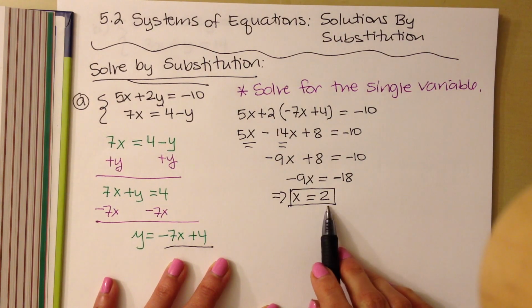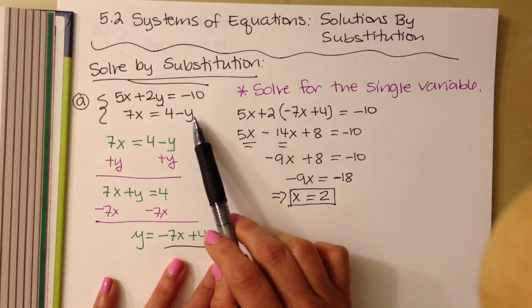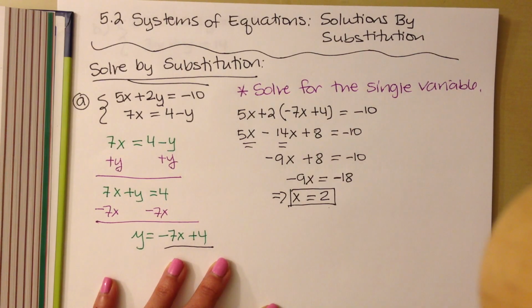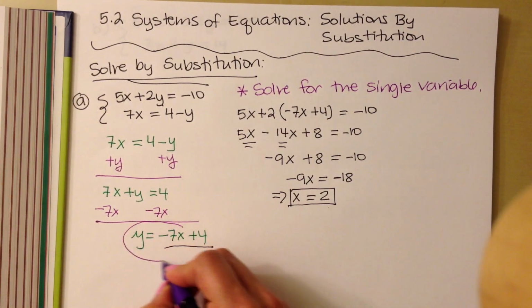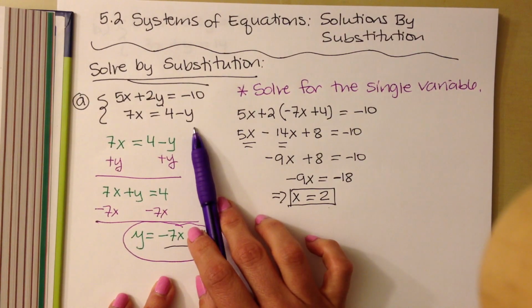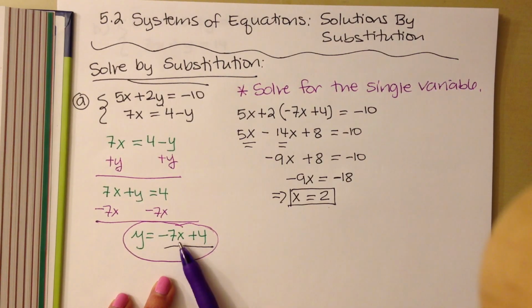Well, we take our answer and we substitute back into one of these two equations, doesn't matter which one. You can also substitute into the equation that we solved for y, because this equation is essentially the same as the second equation. So this one I think is easier, so we will substitute 2 for x and solve for y.